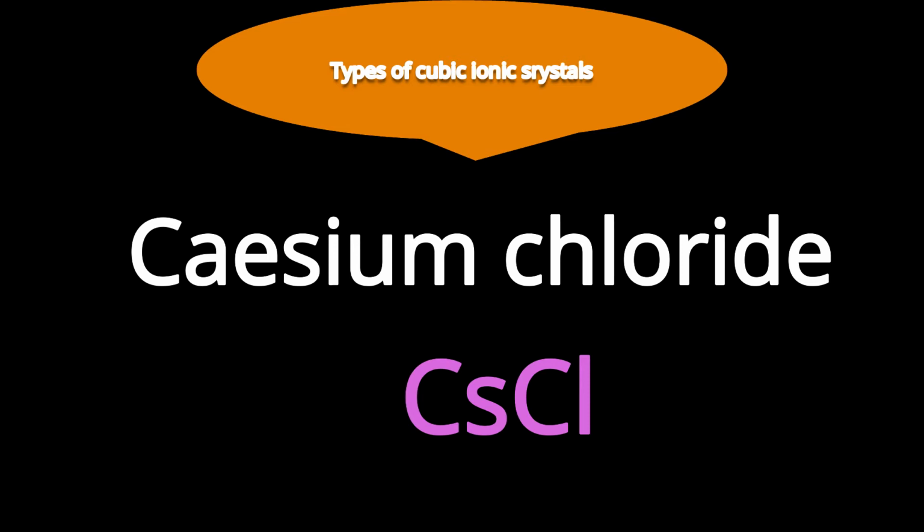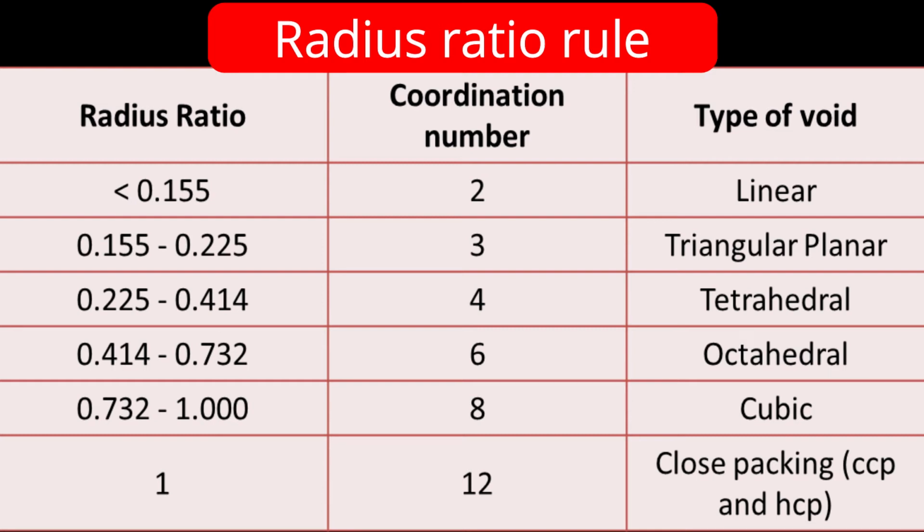It is one of the types of structures. We are applying the radius ratio rule to explain the structure. Before the actual explanation of the structure, let us know what the radius ratio rule is. Radius ratio means the ratio of the radius of the cation to the radius of the anion.